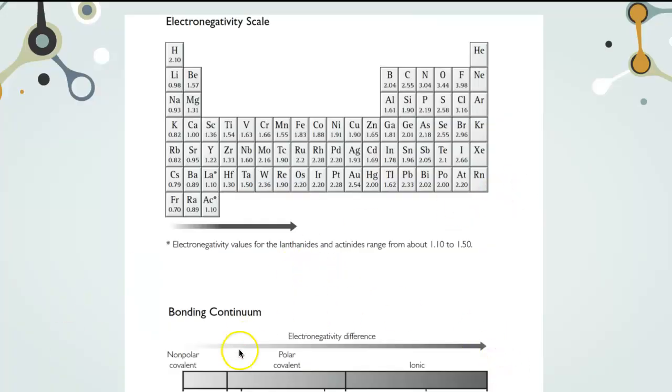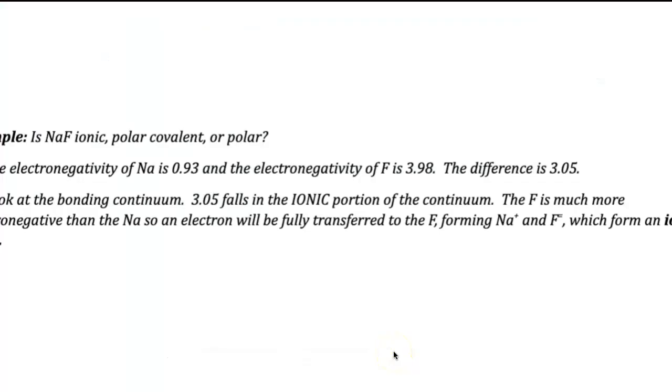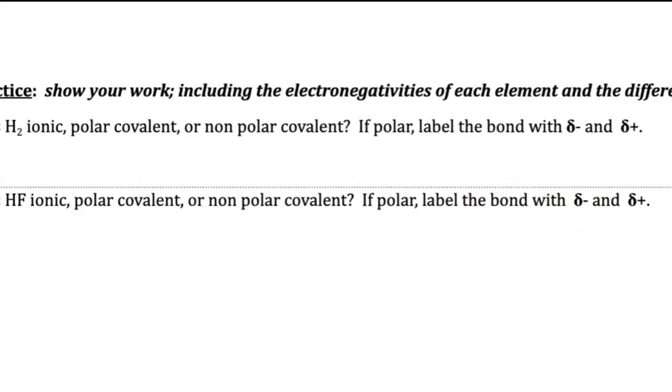Next, I look at this bonding continuum and see 3.05 lands right in the ionic range. Therefore, it has an ionic bond. And the electrons will be fully transferred, forming two ions, Na+ and F-.